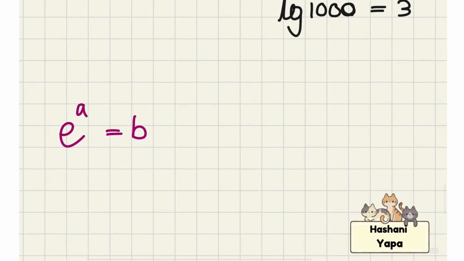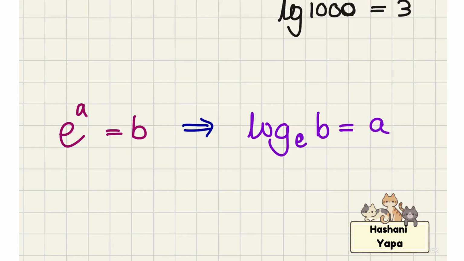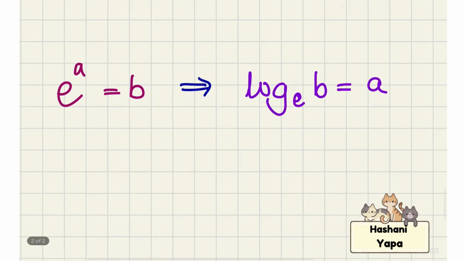If we have e to the power a equals b, we can also write this as log e b equals a. Now this is very special, because log e is equal to ln.